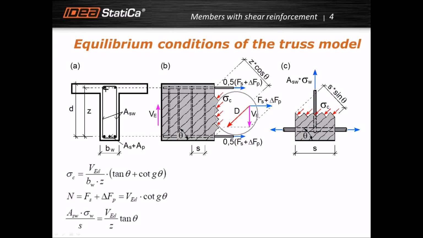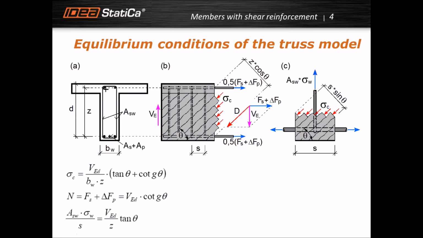Due to that compression, we have a diagonal resultant force, and therefore we get a triangle of the forces here, and one of the forces in the triangle is the force in the longitudinal reinforcement. It means that this force has to be transmitted by some reinforcement, and it is transmitted by the stringers, top stringer and bottom stringer. I will refer to this picture later.